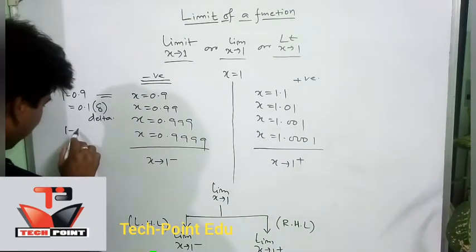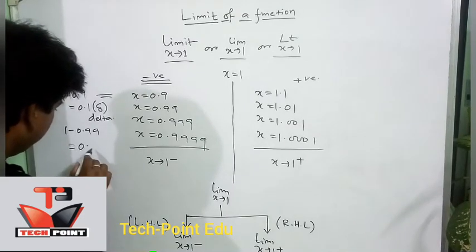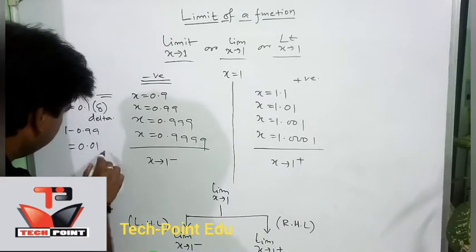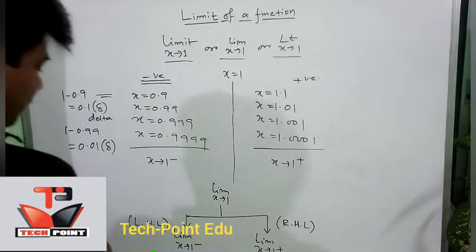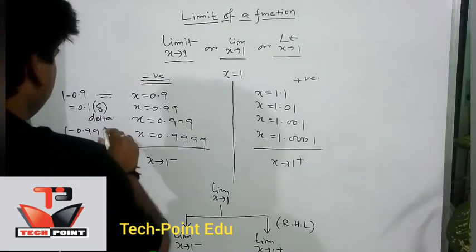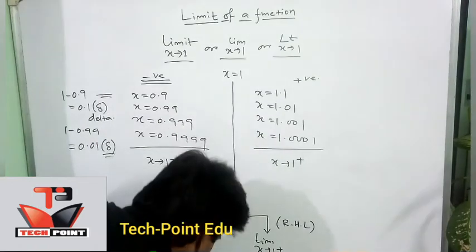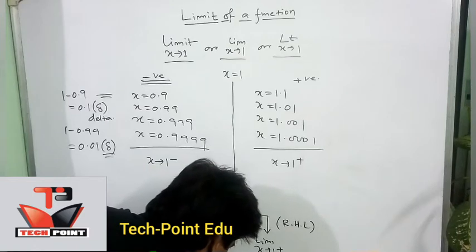Similarly, 1 minus 0.99 will be 0.01. Delta is here. This delta means that the modulus of x minus 1 is always less than delta.